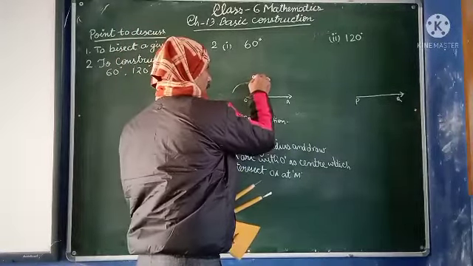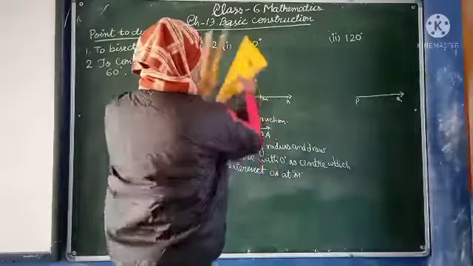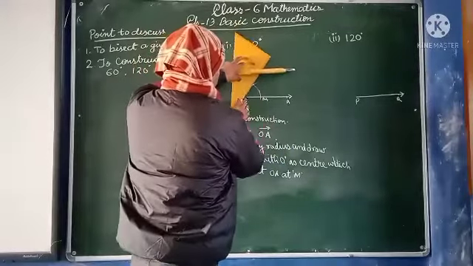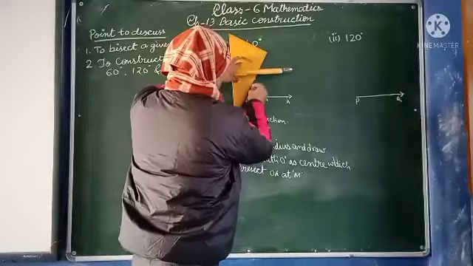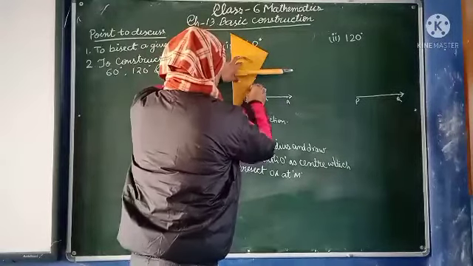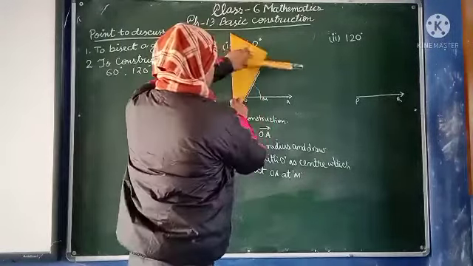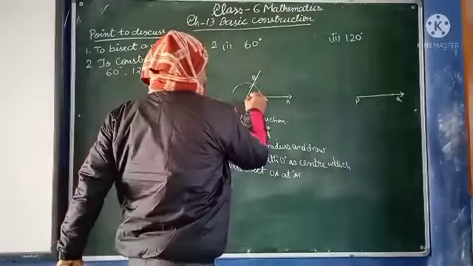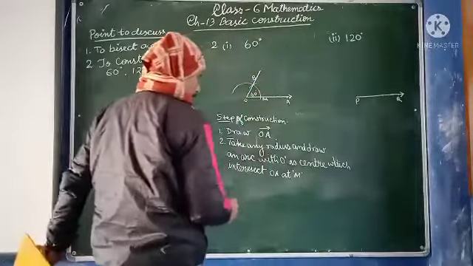Mark this point as B and join this B to O. You will get the angle BOA of 60 degrees.